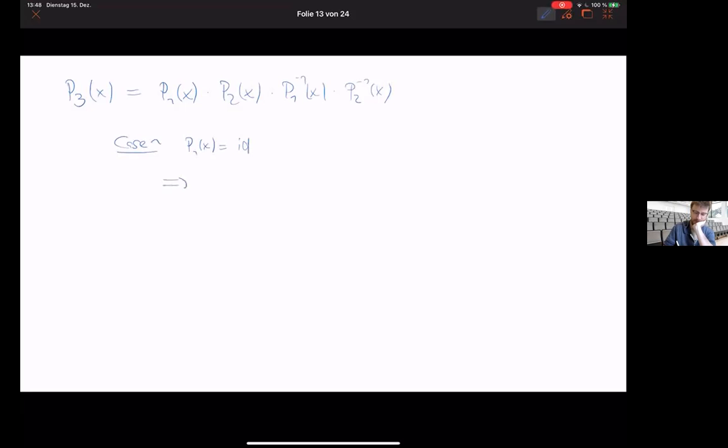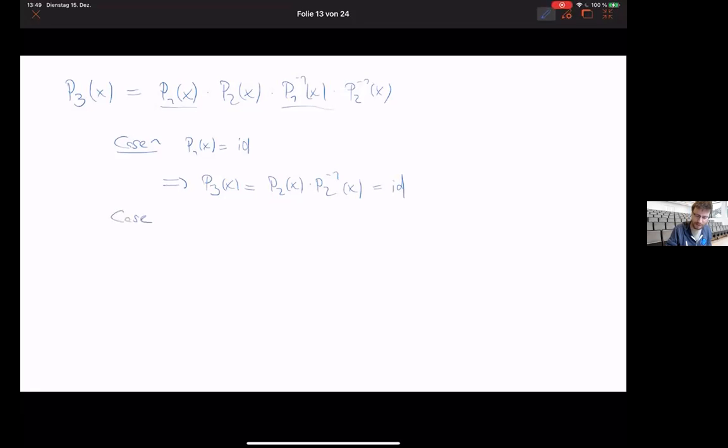Then I have an identity here, and identity inverse is still identity. So P3 of x is just P2 of x, which can be non-identity, times P2 inverse of x. Something times its inverse permutation is just the identity. Great.